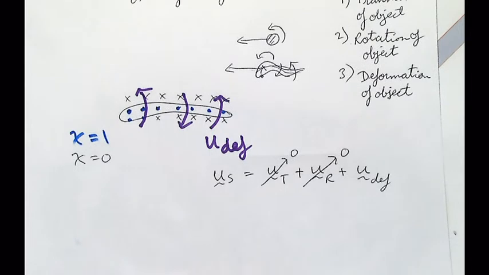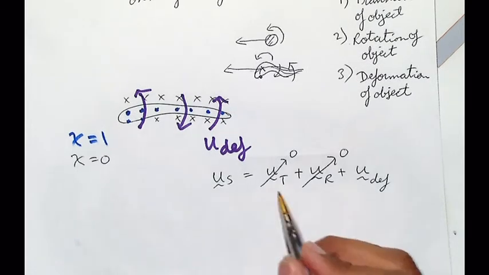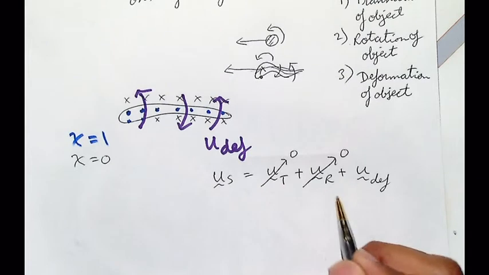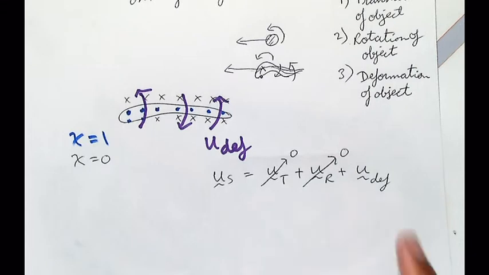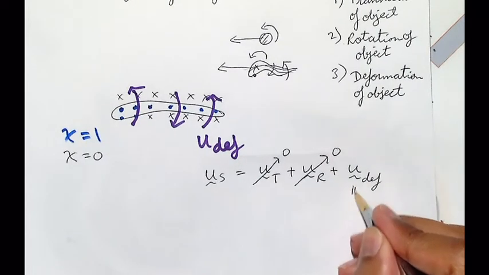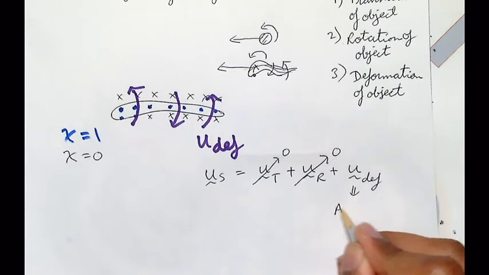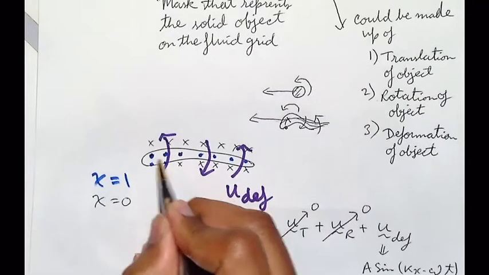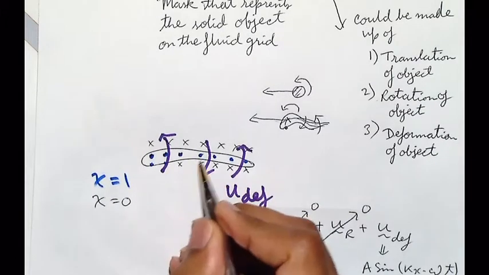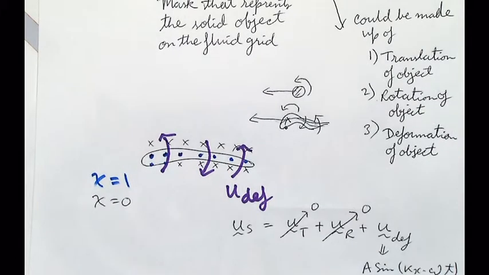And when it starts moving forward, you will have this u_t and u_r non-zero, and then you would use the full thing. Okay, and u_def looks like a sine of kx minus omega t. In a general sense, what you do is at each of the blue points, you figure out the deformation velocity.